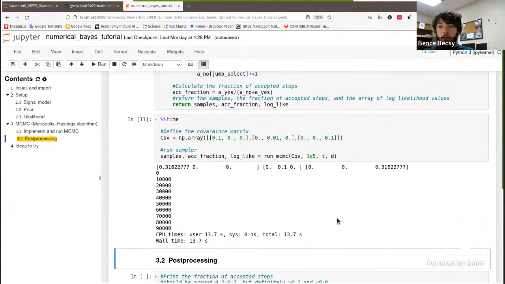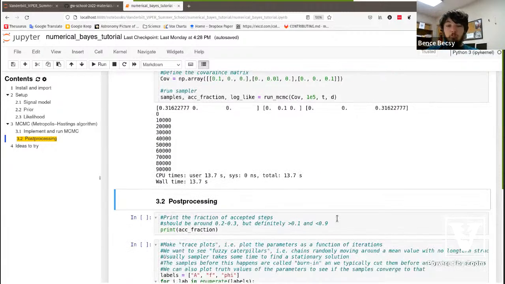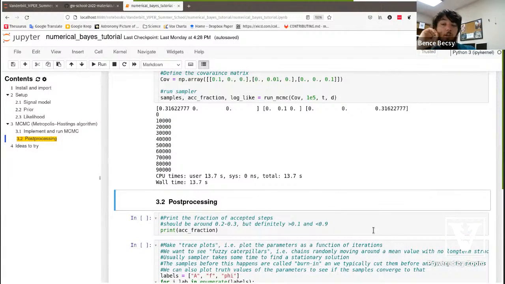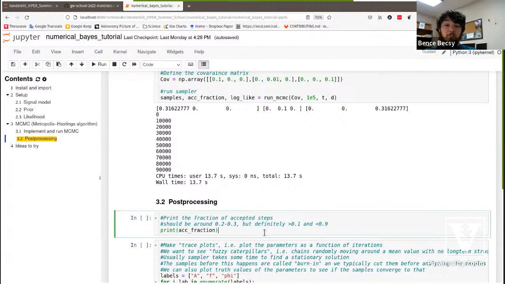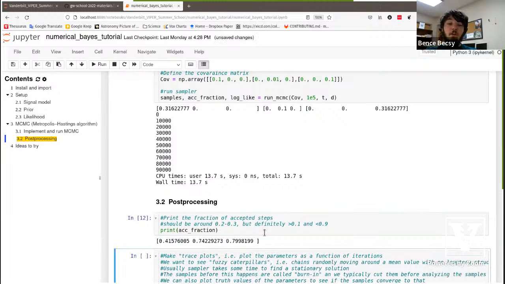And then there's a bunch of different stuff that we can do with those samples, a bunch of different processing things we can play around with. One thing, which is the reason why we tracked all these acceptance fractions, is to take a look at them. There are definitely some math papers saying what the optimal value for your acceptance rate is, but as a rule of thumb, it should be higher than 0.1 and smaller than 0.9.